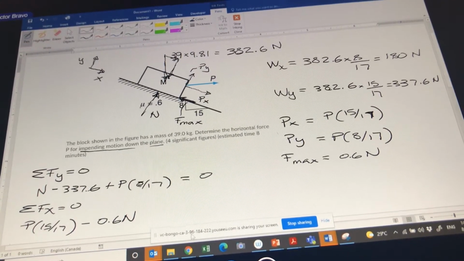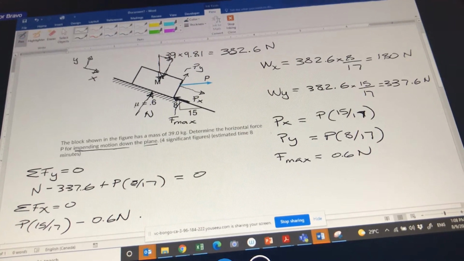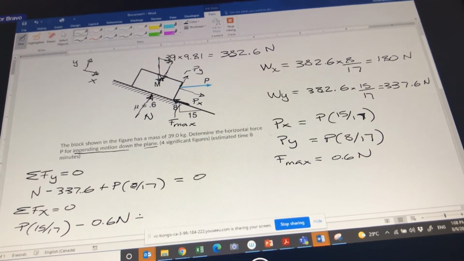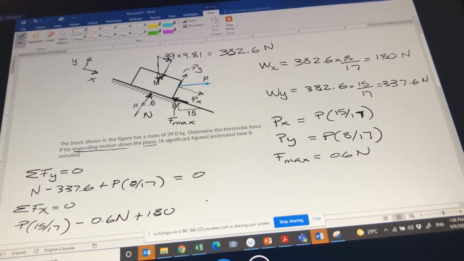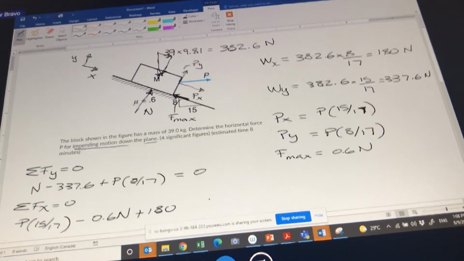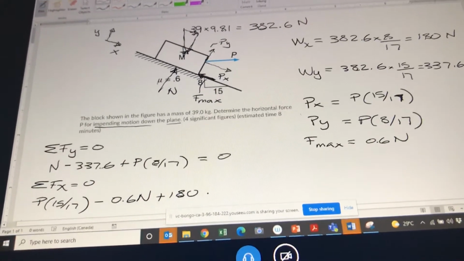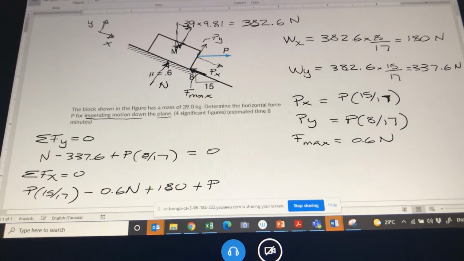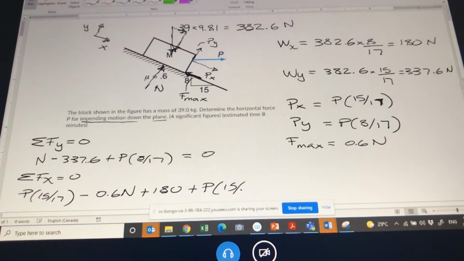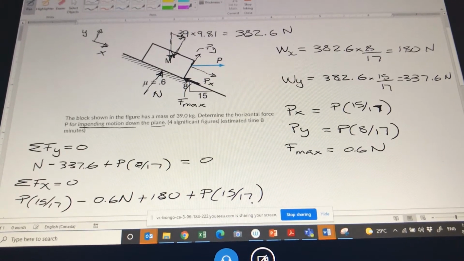You do have a positive component of the weight, which is 180 Newton. And you have the component of P, which is pulling down, which is also positive, which is Px. So that's P times 15 divided by 17.